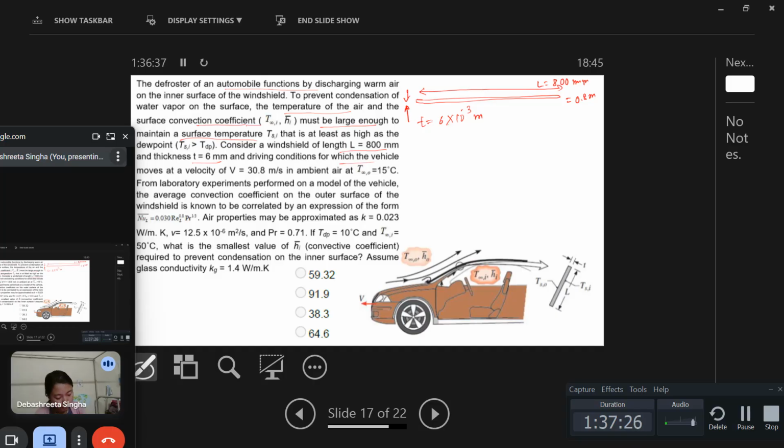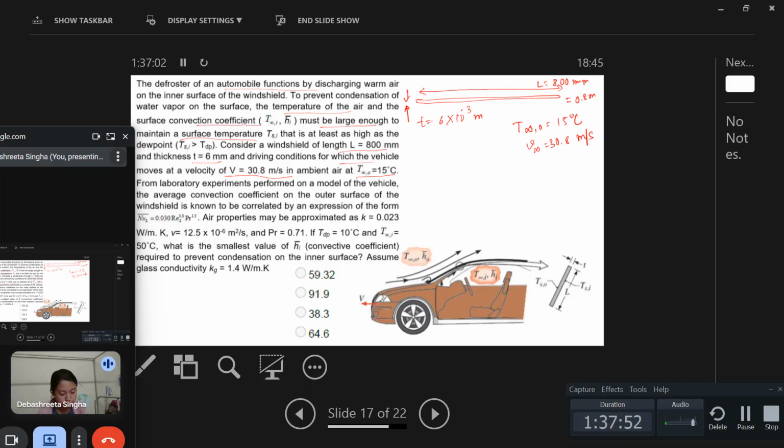In driving conditions for which the vehicle moves at a velocity of v equal to 30.8 meter per second in ambient air, T infinity is also given, that is the outside temperature of 15 degrees Celsius, and the outside velocity is 30.8 meter per second.